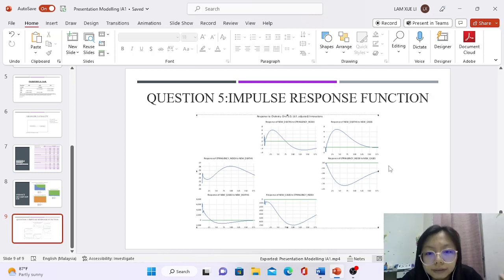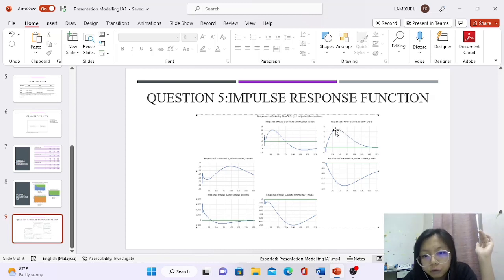So now let's look at the response of new death to the stringency index. We can see at the beginning it fluctuated, and then increased and then decreased until around 75 horizon and became stable. And the new death to new cases, it increased significantly.